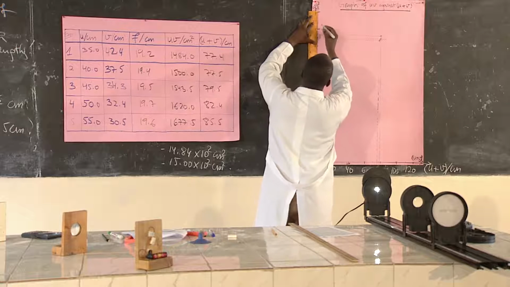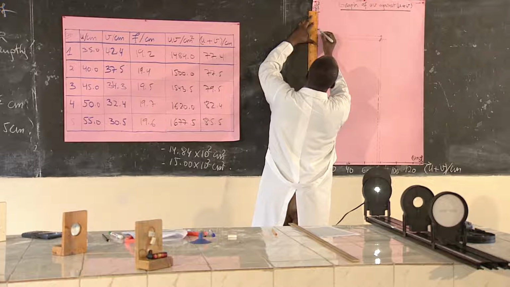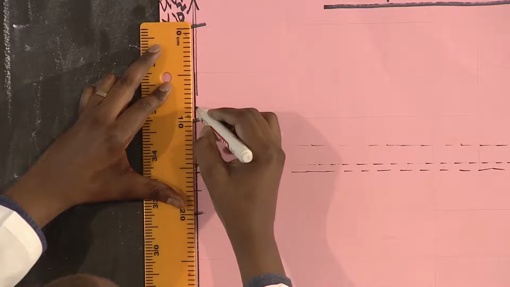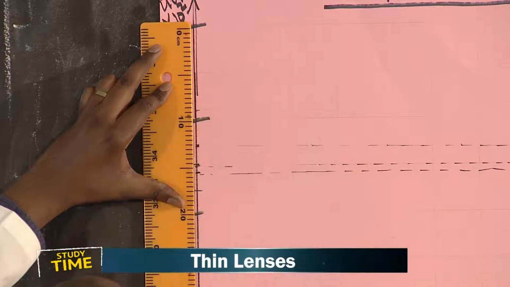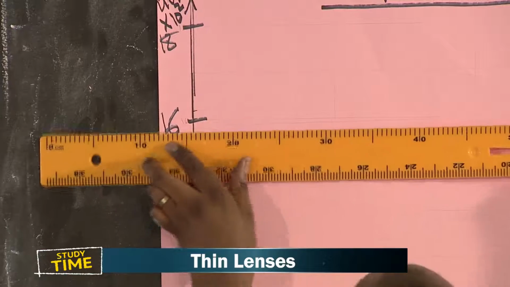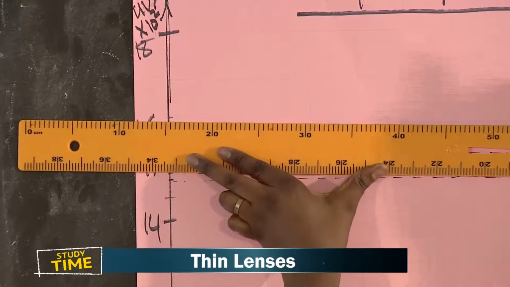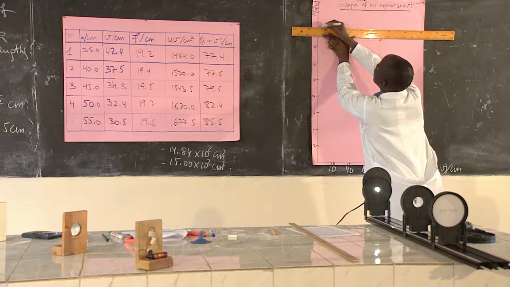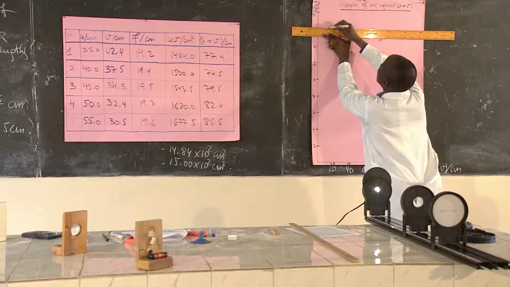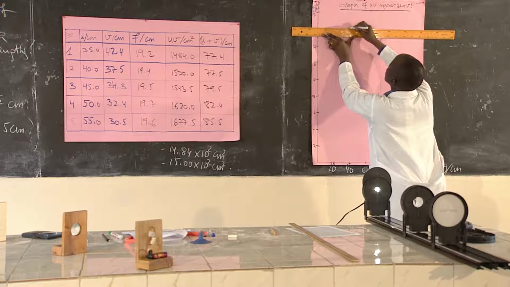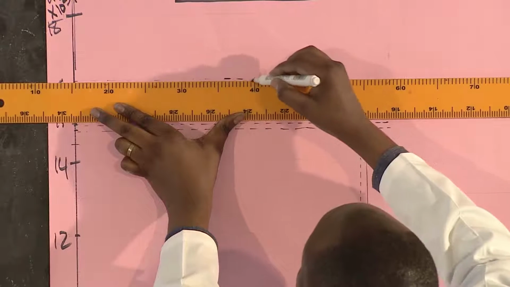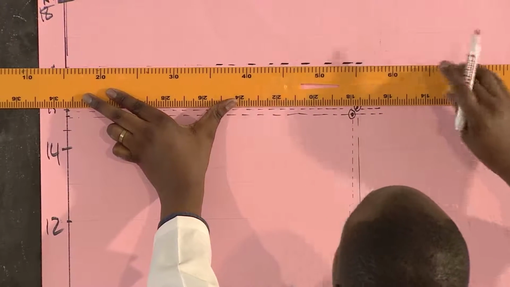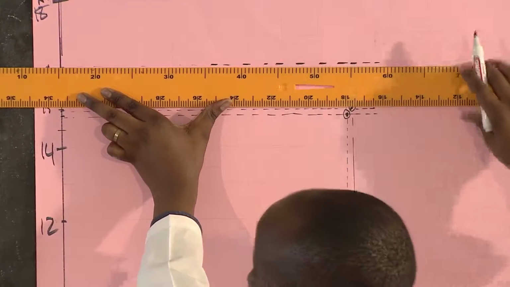16.2. Okay, so this is the 16 here, then 1, 2, that is 2, and then we shall draw this to find the intersection on the axis that we are going to draw after.